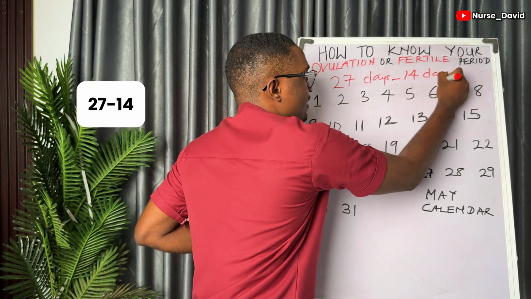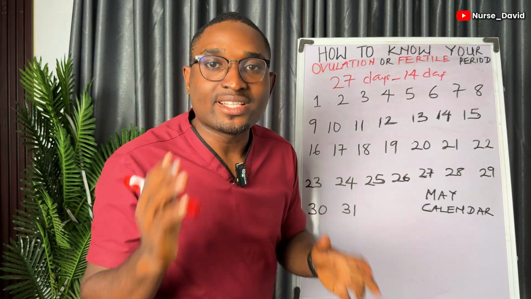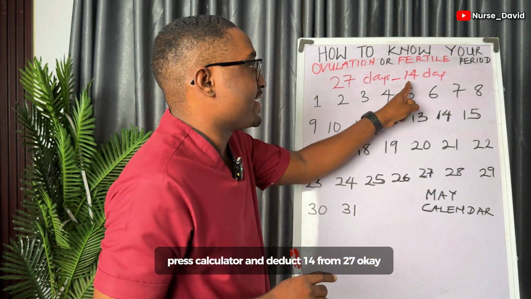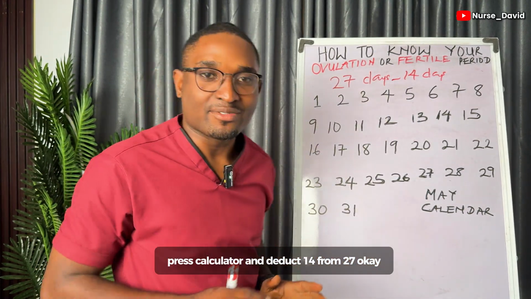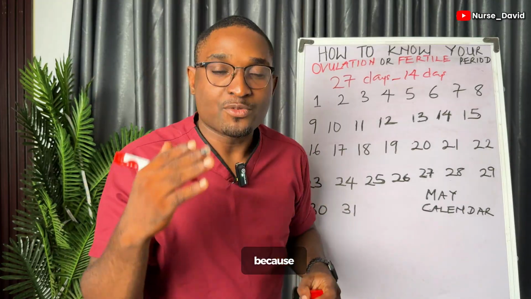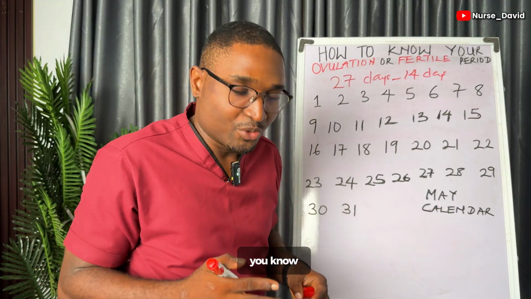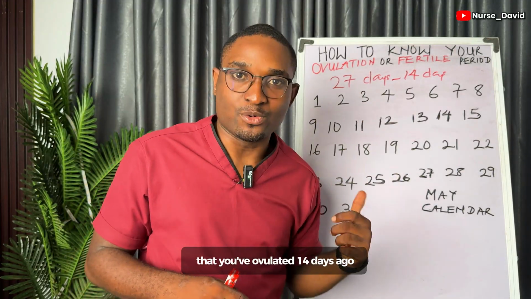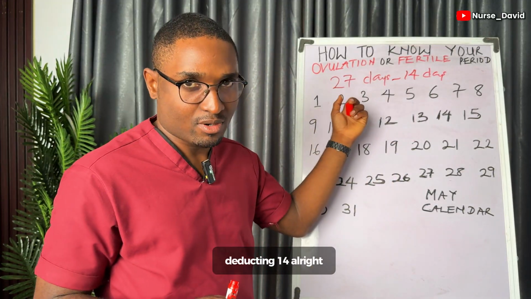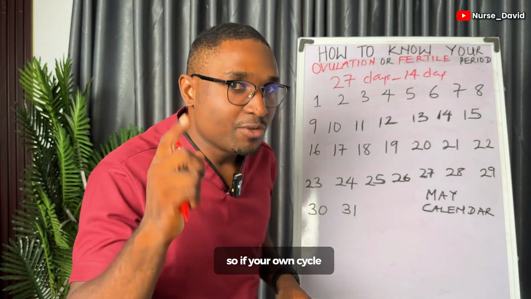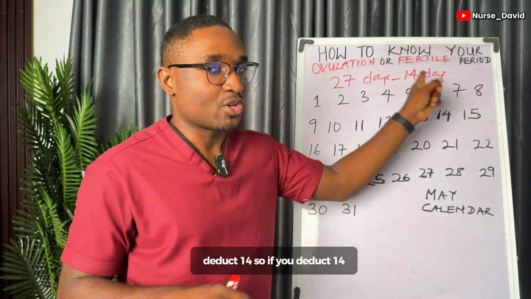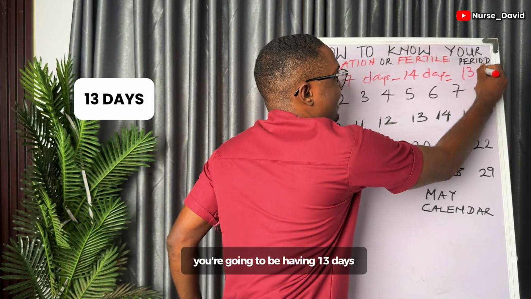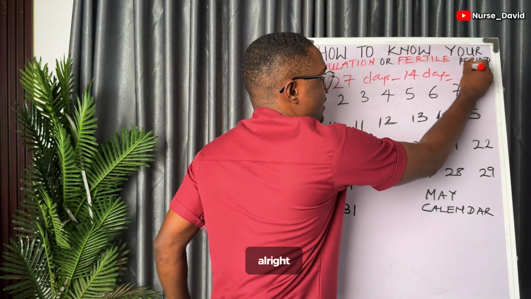Because if you have your period today, the popular belief is that you ovulated 14 days ago. That is why we are deducting 14, all right? So if your own cycle length is 27 days, deduct 14. If you deduct 14, you're going to have 13 days, all right?